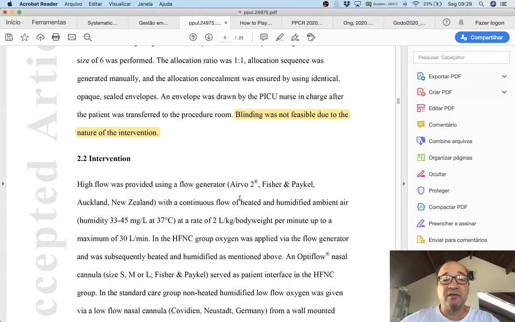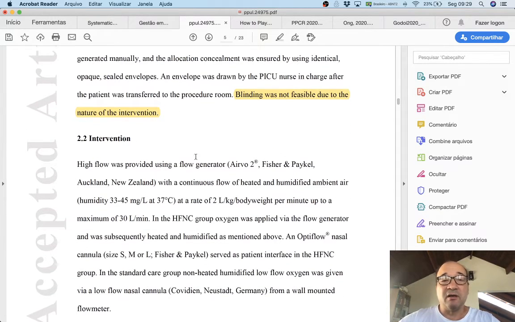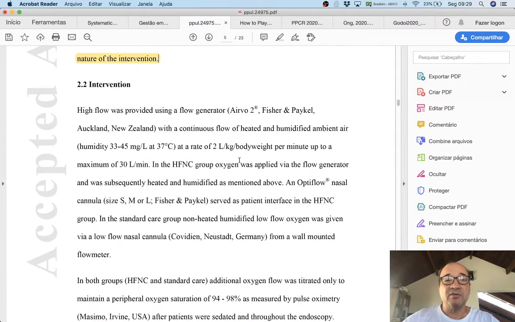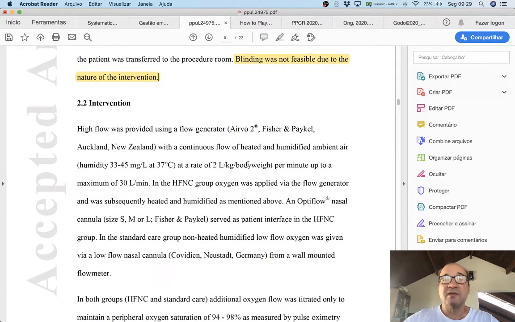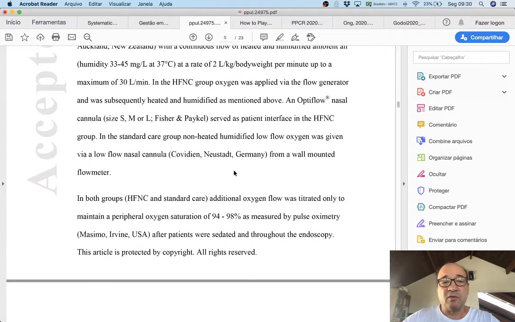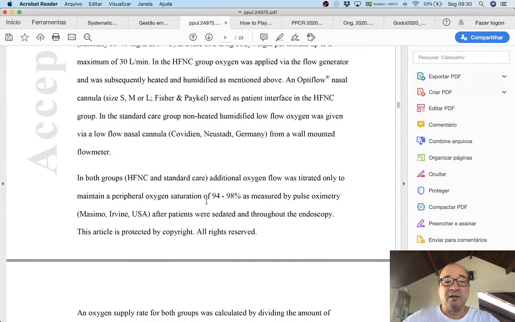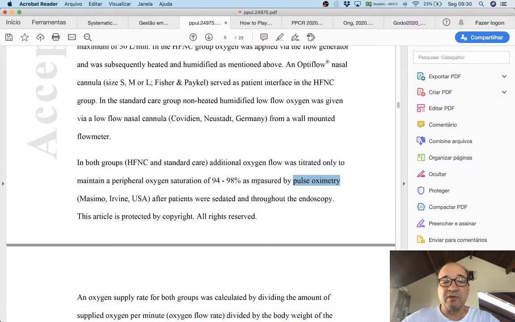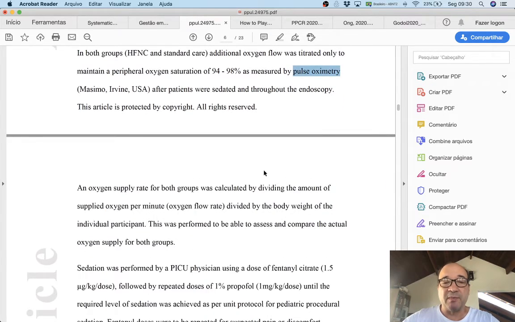So they did the intervention comparing the two devices, and the outcome was respiratory instability during the procedure. They compared the oxygen saturation using a pulse oximetry during the procedure. That was the primary outcome.